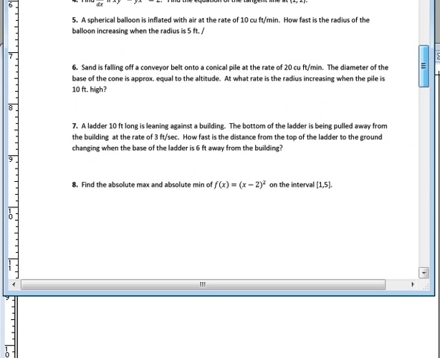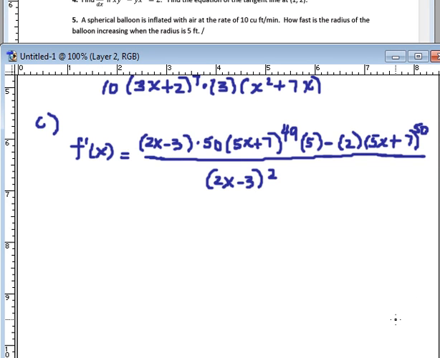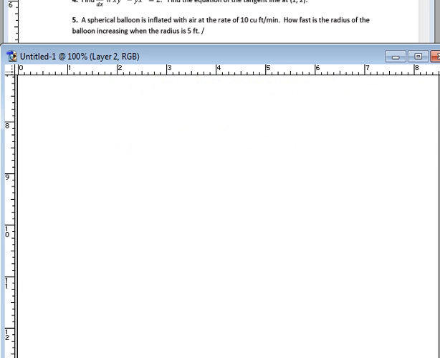Here we have, in number 4, an implicit differentiation. So let's look at that. Okay, so we have to find dy dx, and let me rewrite this. x y squared minus y x squared is equal to 2, and we're assuming that y depends on x. Alright, so we'll start with a product rule for xy squared.